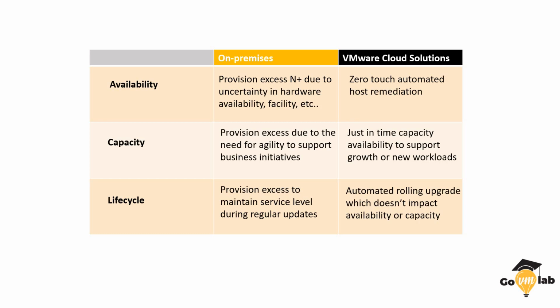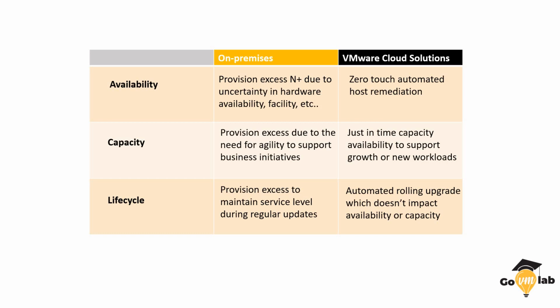But in the VMware Cloud solution, there is an automated rolling upgrade which does not impact availability or capacity, which means that if I'm paying the price for 3 servers, that's what VMware would be charging me. When VMware upgrades the infrastructure, they add an additional host to the cluster to support the automated rolling upgrade.